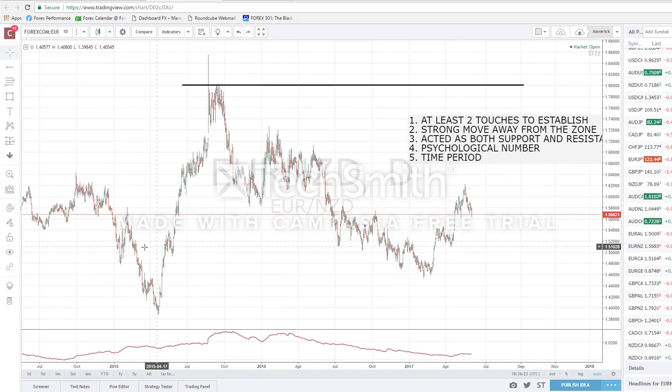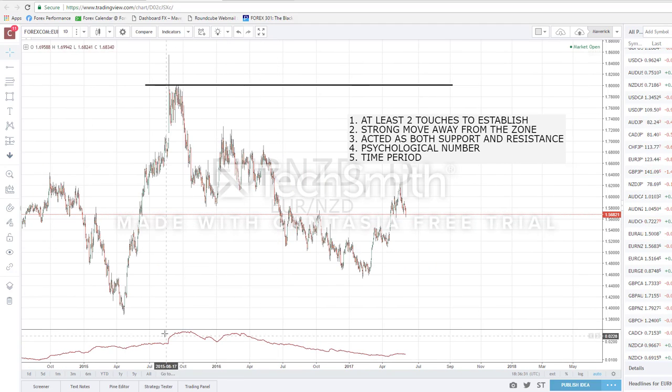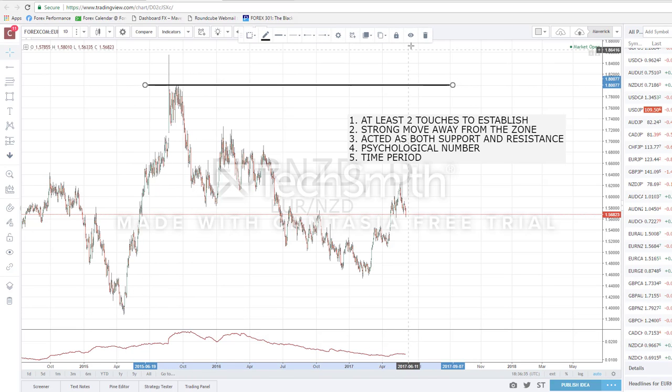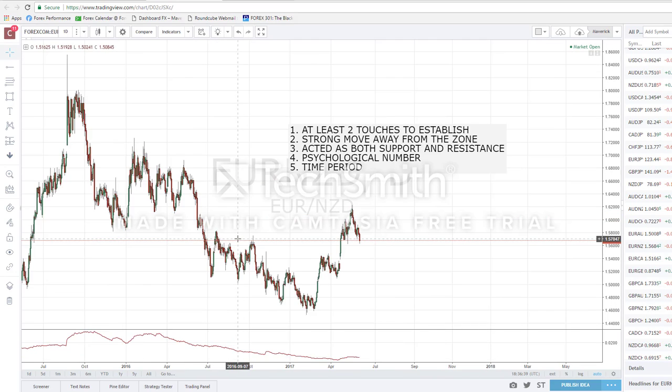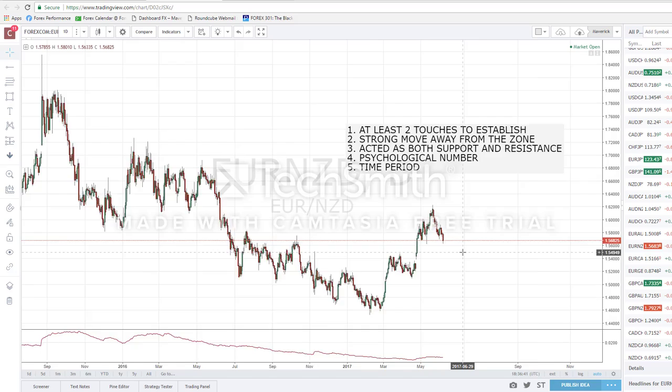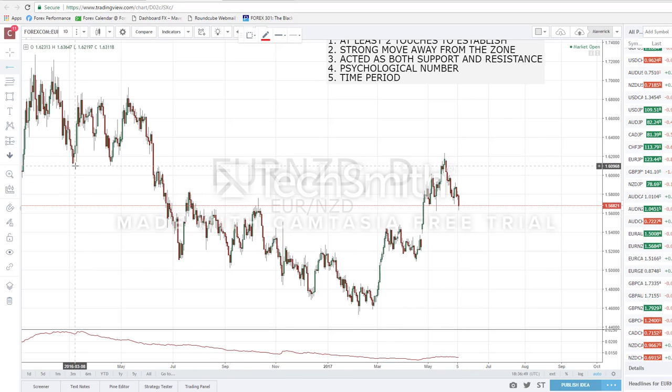No one cares about this zone back here in the middle of the chart in 2014 when whatever happened. No one cares about that. Yes, massive swing highs, massive swing lows that set highs and lows that weren't broken, those are key to watch. But aside from that, we want to watch more recency bias. We want to watch things that are more recently respected.